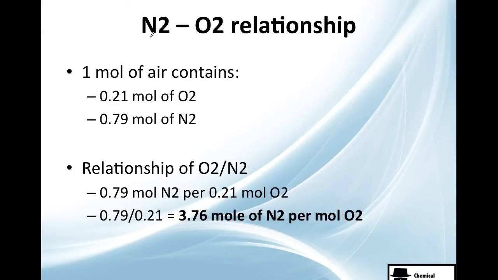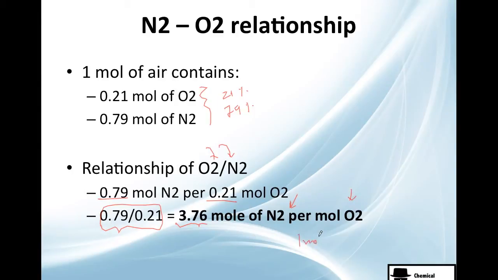Also, there's a relationship of nitrogen and oxygen, please know it. We told you before it's 21% of oxygen and 79% of nitrogen. The relationship, if we wanted to check it, will be simply that 0.79 mole of nitrogen exists per 0.21 mole of oxygen. So if we do this division, we will get 3.76 moles of nitrogen per mole of oxygen.